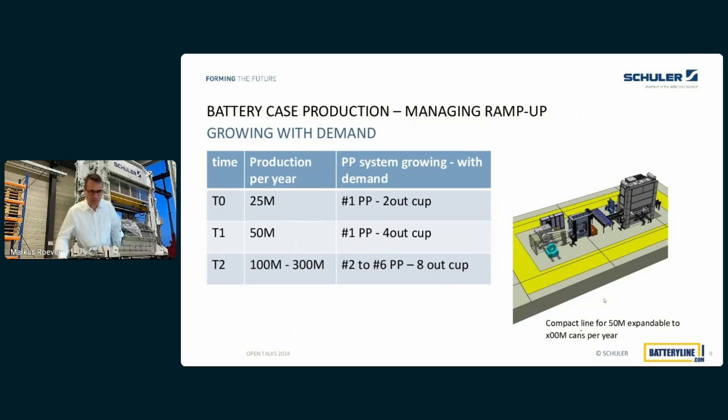So in this example, we have proposed a concept for a customer to start with 25 million per year with a product, having only a 2-out cup and 1-out at the PP press, which can then be grown to 50 million with better material utilization, and then even to the next step to mass production between 100 and 300 million, adding equipment, but you can still use the same press for deep draw and wall ironing.